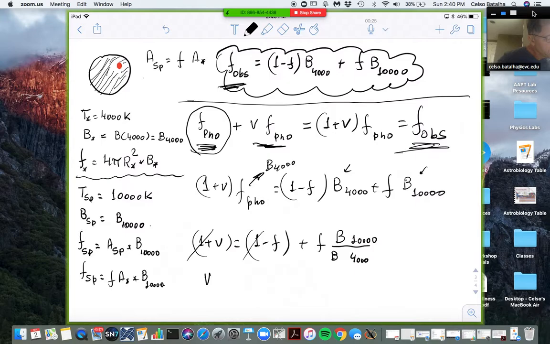Wait a second. Yeah, veiling is going to be f multiplied by B 10,000 divided by B 4,000, minus 1.